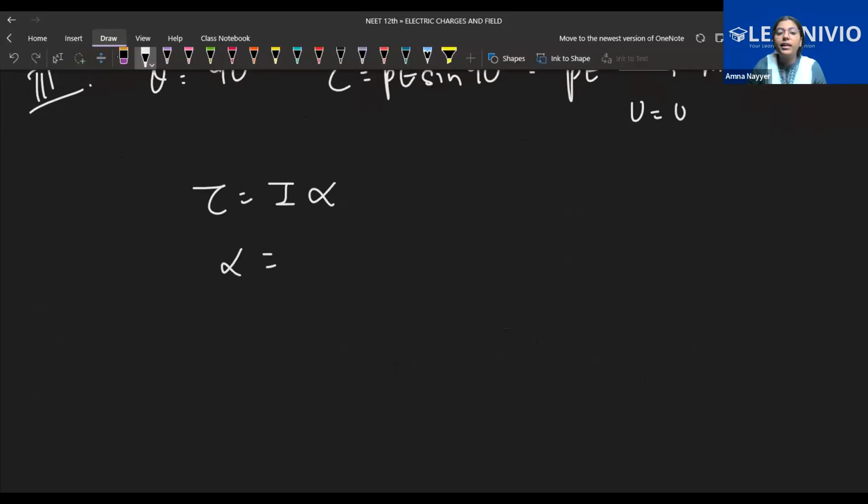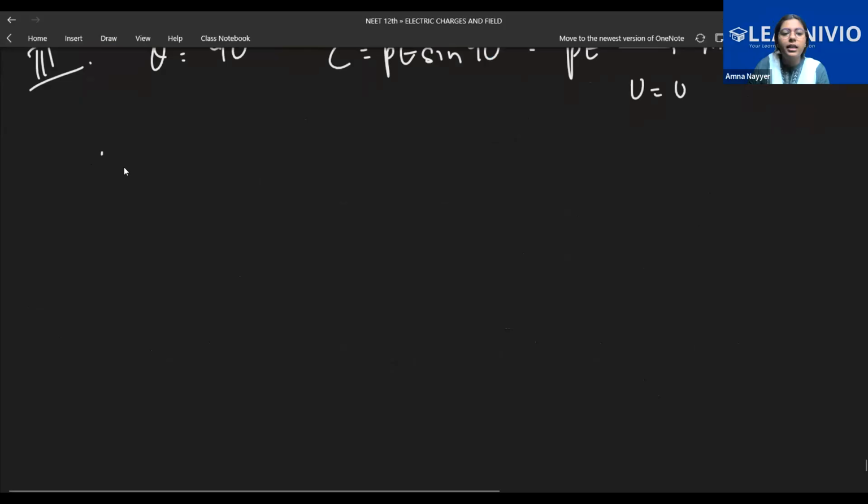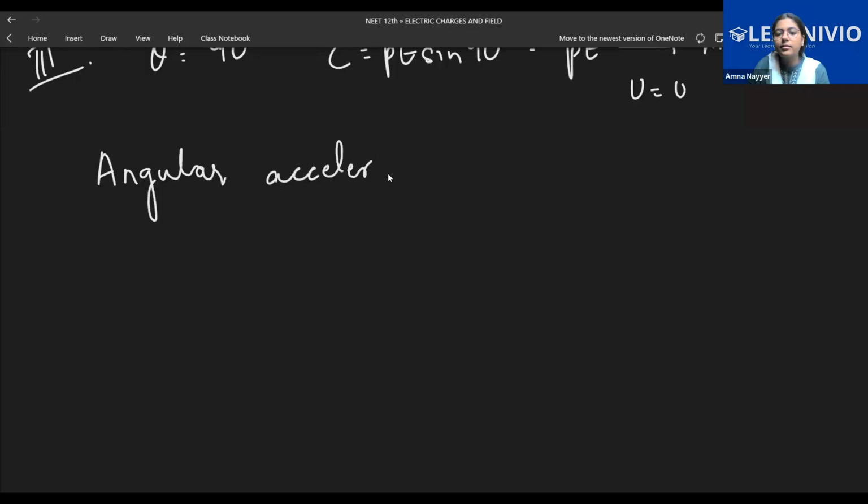What is the value of angular acceleration? You can be asked to calculate the angular acceleration of the dipole.